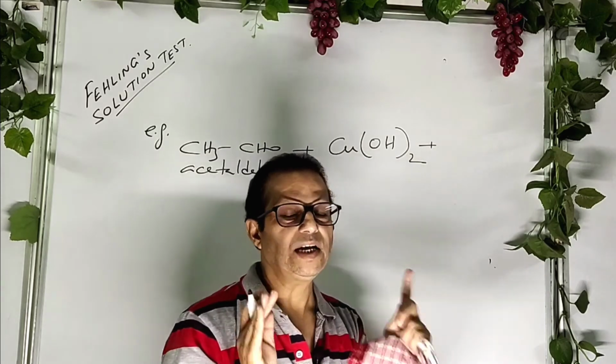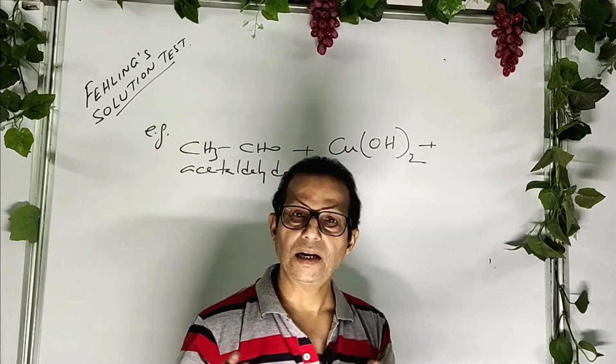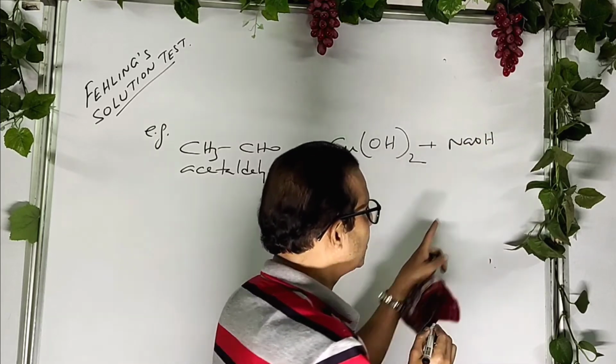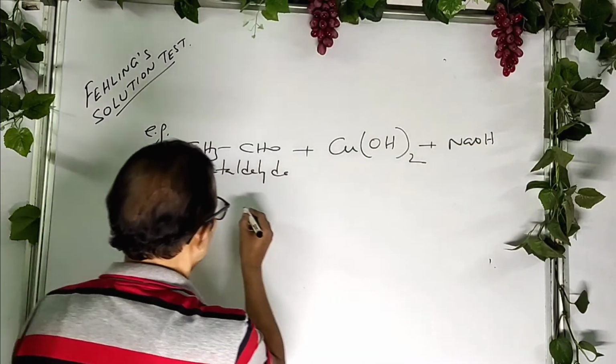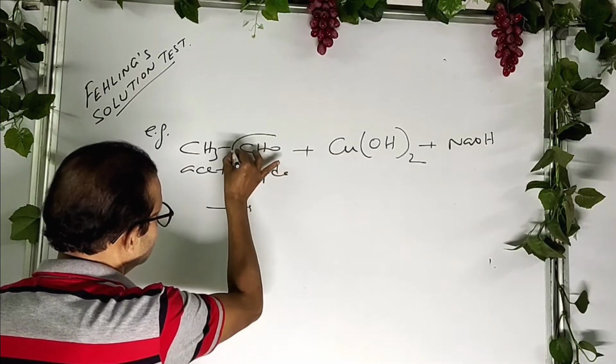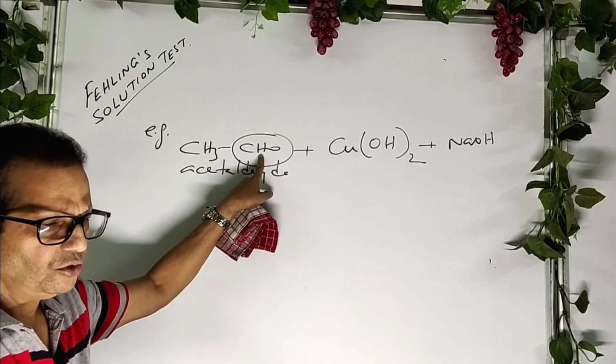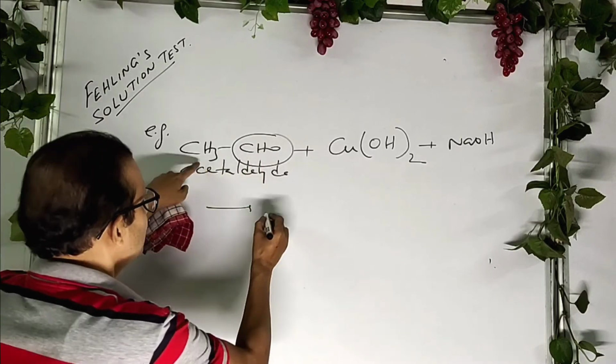As the reaction takes place in presence of alkaline medium, sodium or potassium hydroxide reacts. This aldehyde oxidizes to carboxylic acid.